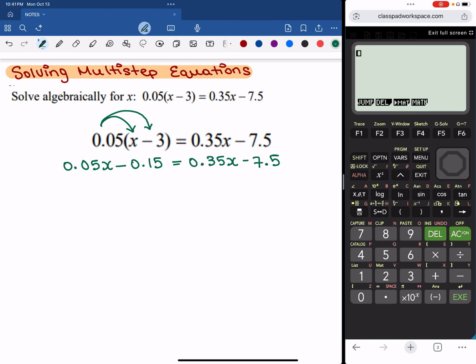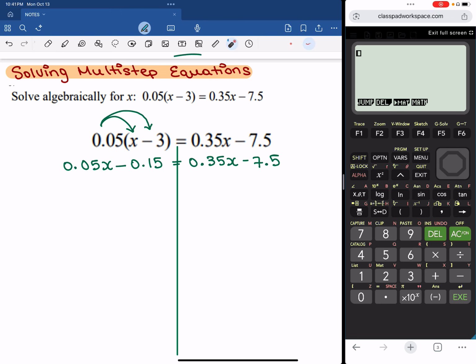From here, to make it a little bit easier to see the left side and right side of the equation, you can split this in half by just drawing a line down the middle of your equal sign. So we've split the equation into two halves. From here, I want to get all my terms with variables or letters over to the left side of my equation.